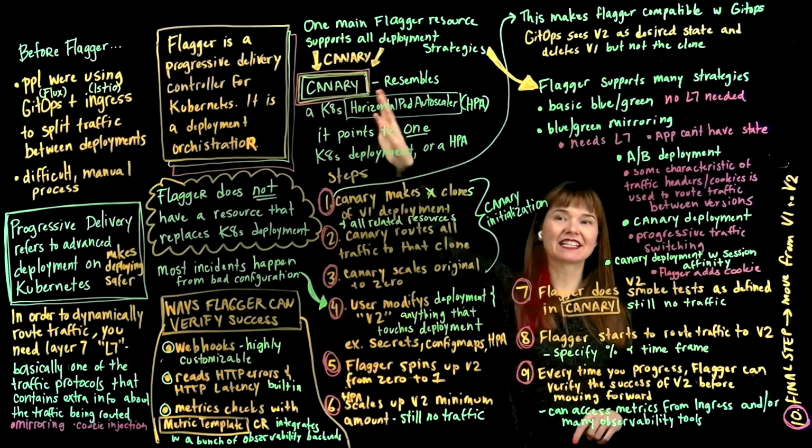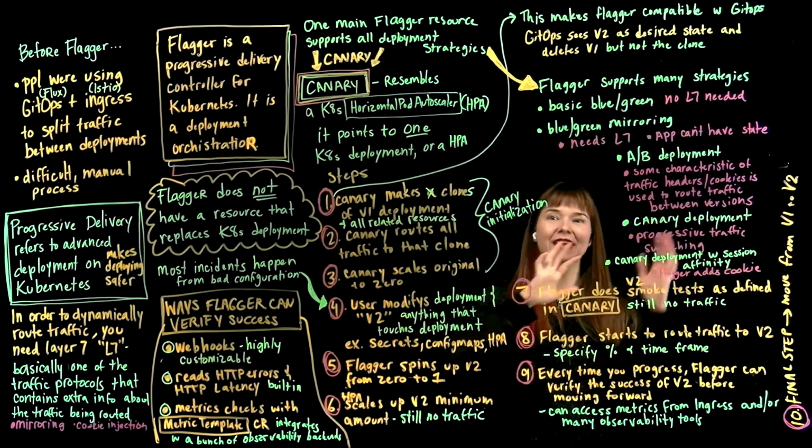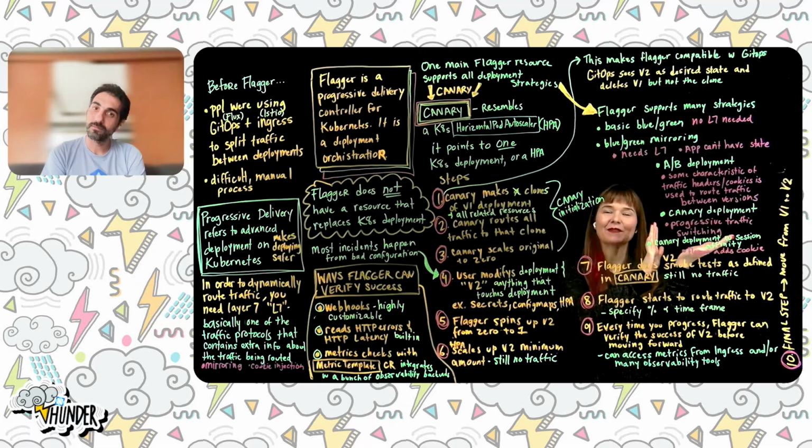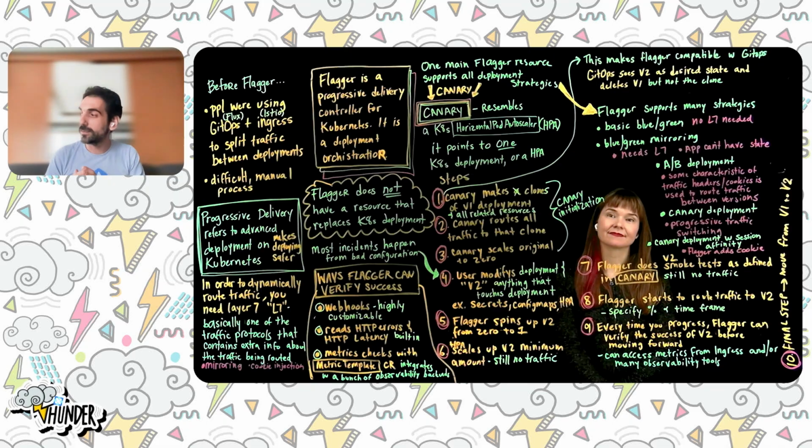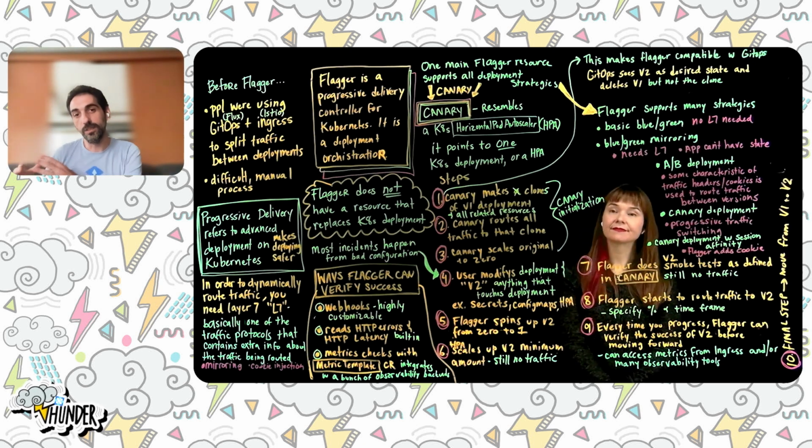And then, maybe unsurprisingly, since our resource is called a Canary, we have a Canary deployment. What does a Canary deployment do? In a Canary deployment, you route a percentage of the traffic from the old version to the new version, and you keep increasing that percentage. You can start very small, let's say 1%. You read some metrics, if everything goes fine, you keep increasing that traffic. This is a procedure in which you slowly expose users to the new version.